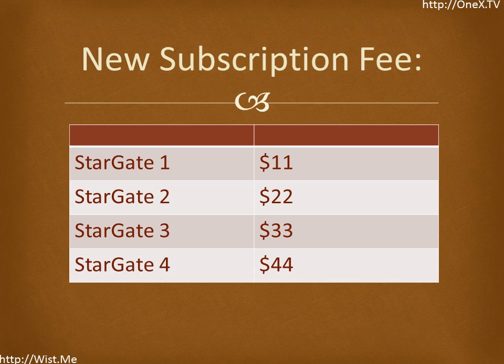That's simple. Then you just pay the $44 upgrade fee for Stargate 4, and you are Stargate 4. You don't have to wait the full cycle. Alright? And on the day that you pay the new subscription fee, on that day a new cycle starts.